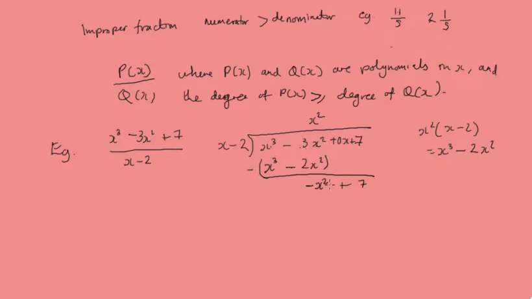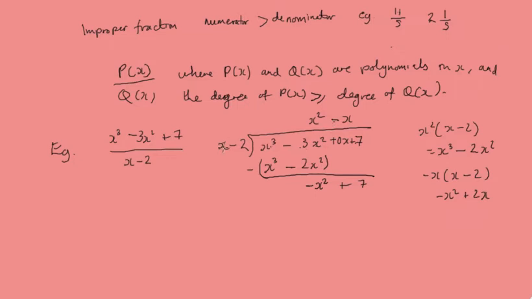So here we're dealing with the x squared, so we're going to have minus x. Now the reason we do minus x, remember we're going to subtract, so we'll be multiplying. So we have minus x times x minus 2. So that's going to be minus x squared plus 2x.